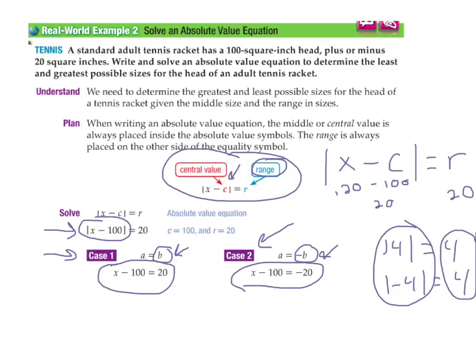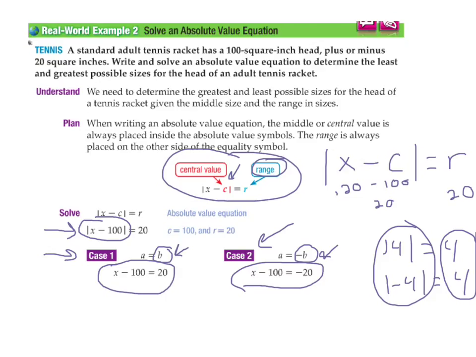The a part is supposed to represent what's inside the isolated absolute value. The b part is supposed to represent what's on the other side. Case 1, a equals b, is the case where you solve it and you leave b alone. Case 2, where it says a equals negative b, says solve it but change the sign of b.